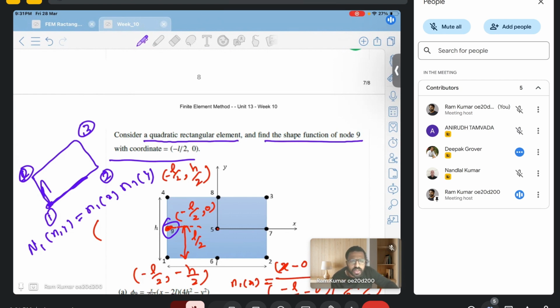Anirudh, do you have any doubt? Nandlal Kumar, do you have any doubt? Okay, sir. Do you want to ask anything? I want to discuss. Then what can we do?